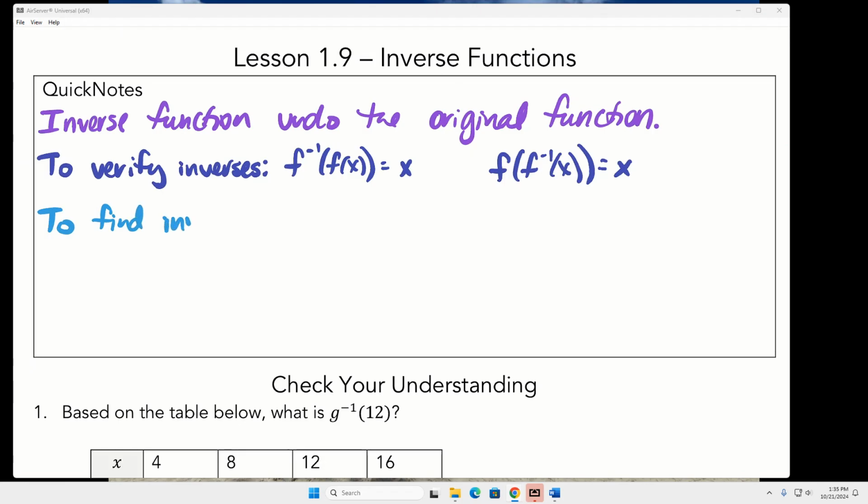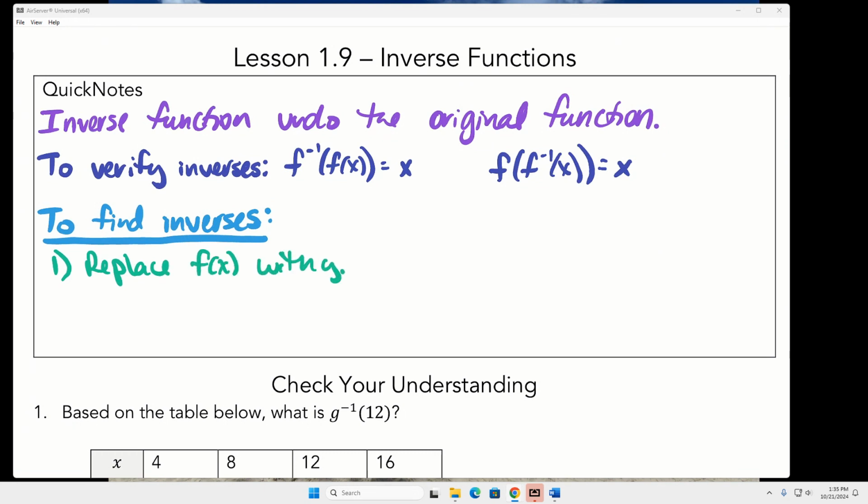All right, and then to find inverses. It's a 4-step process, but 3 of the steps are super easy. The first step is super easy. You're going to replace f of x with y. That is no big deal. Step 2, you are going to switch x and y.